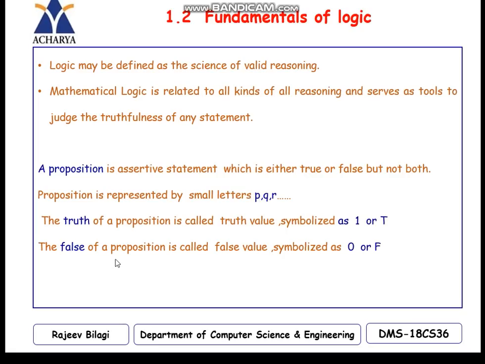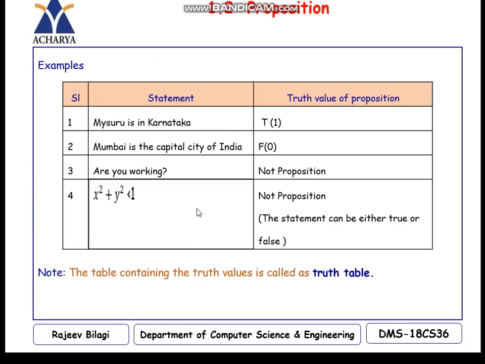The falsity of a proposition is represented with 0 or F. In both ways you can represent the truth value and the false value of a proposition. I have given some examples to help you understand the truth value of a proposition.